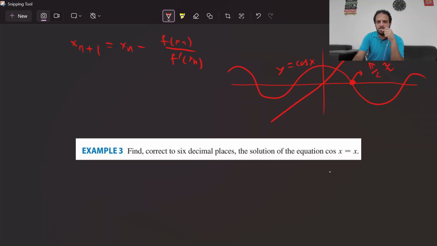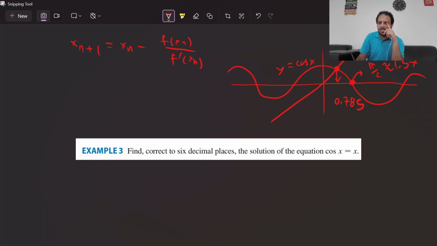Nearly 1.57. What is your estimate for the solution? The solution is the intersection point, right? So what's the x value here? It's close to pi over 4, nearly 0.78, right?